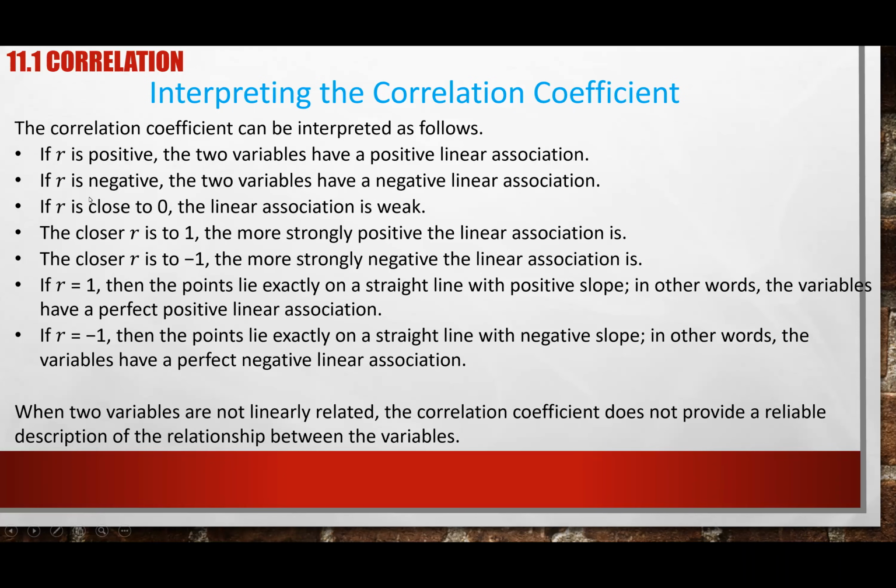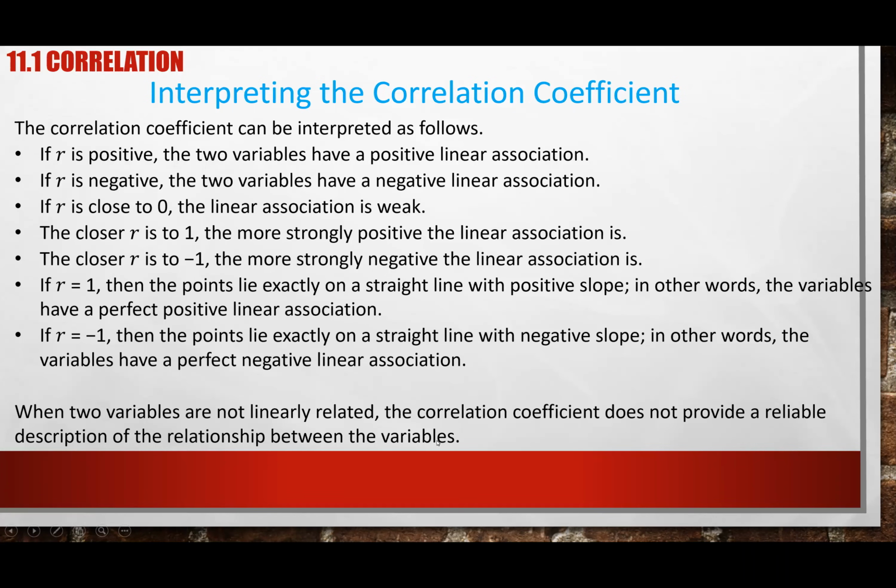The other thing is, if R is close to 0, like 0.12 or 0.07, or -0.19, we say that the linear association is weak or there's none at all, right? If it's equal to 0, meaning it's all scattered out, you don't have that linear line.